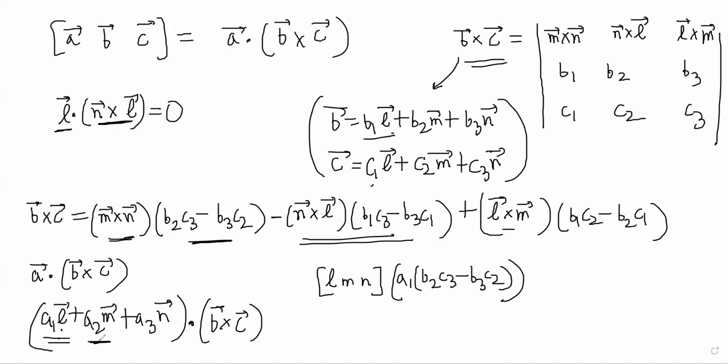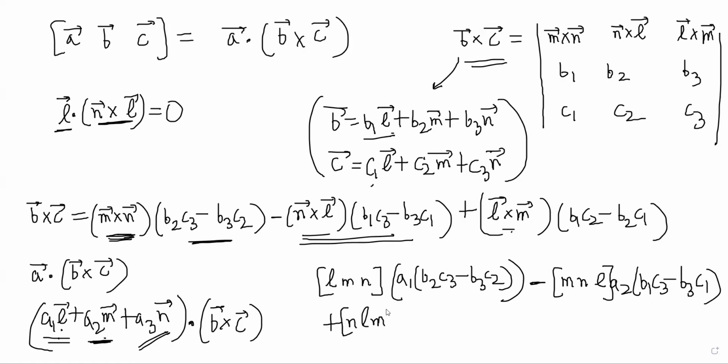Similarly, now you do M with this part, it will be 0, but this part with this will not be 0. It will be minus the M N L box product and A2 (B1 C3 minus B3 C1). And finally, you will have A3 N here, and you will do it with this one. It will be a plus N L M, and that would give us A3 (B1 C2 minus B2 C1), right?